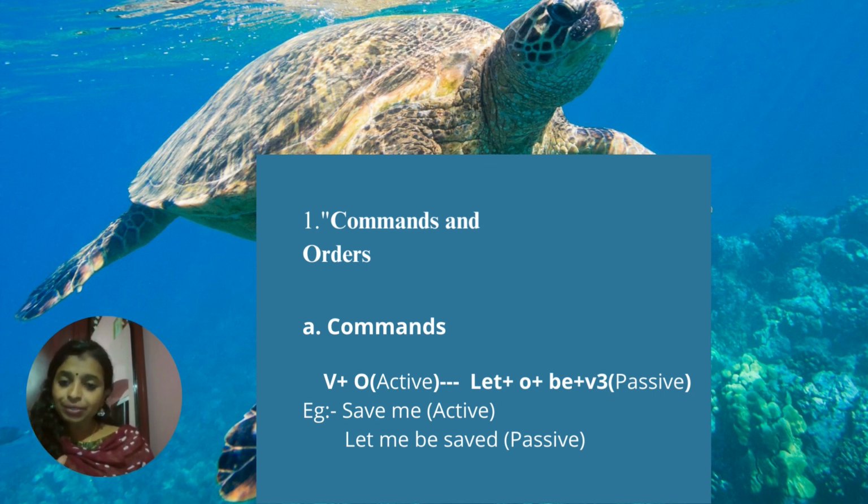So, in the active form, the normal format of commands is verb plus object. So, this is the normal form of a command. Okay, and it will be changed into passive as let plus object plus be plus v3. This is the passive form of a command.